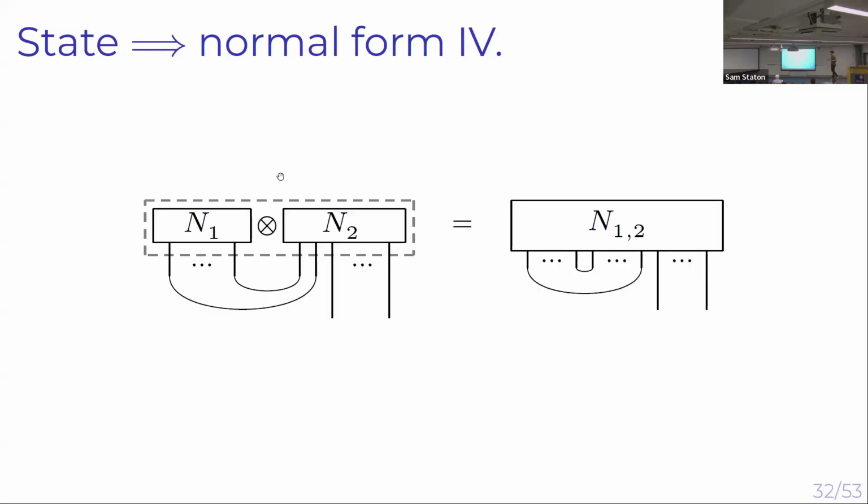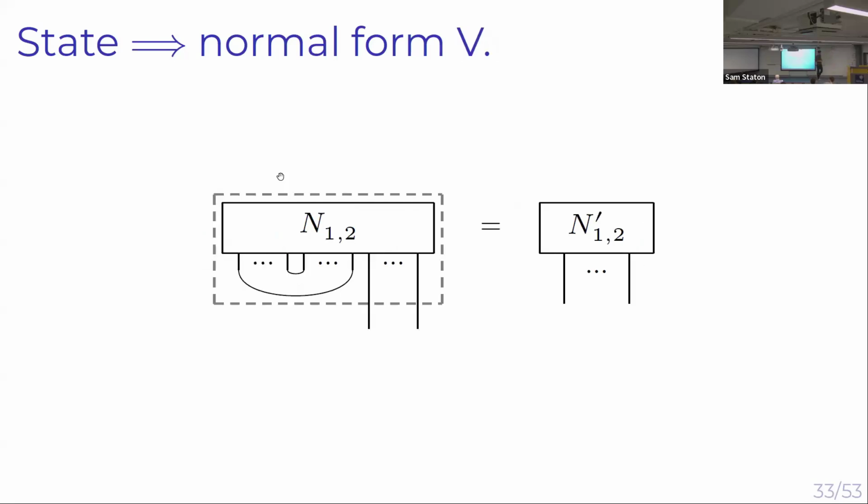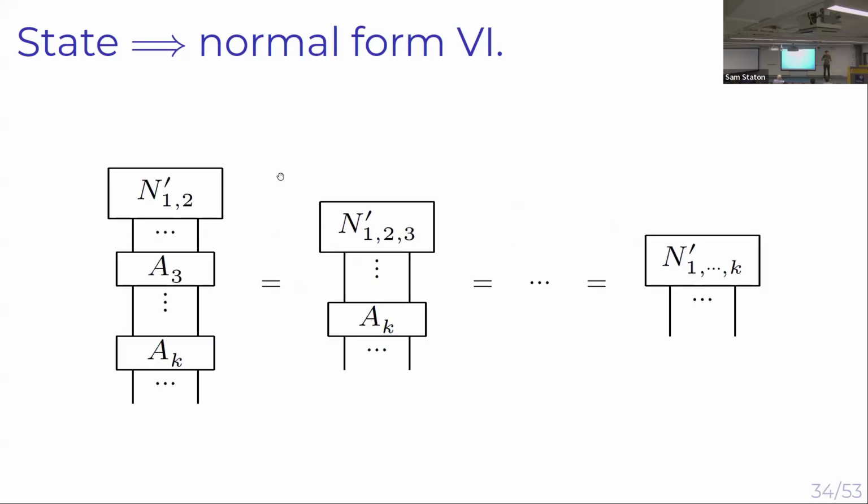Next step is rewriting the tensor product of two normal forms into a single normal form. And lastly, rewrite a partial trace normal form into its normal form. If you have these things, then you can keep applying these steps, and in the end, you will consume your diagram. So we'll end up with a single normal form.